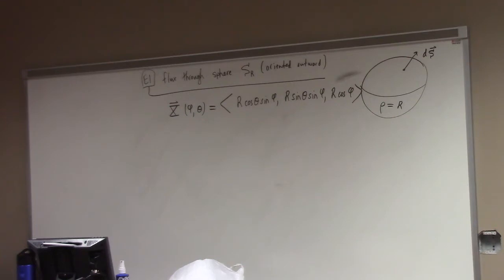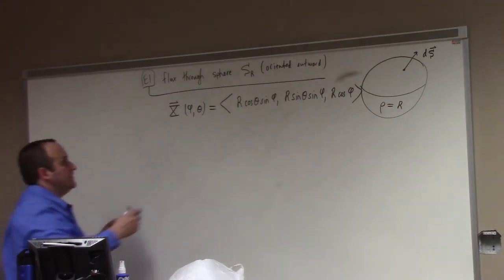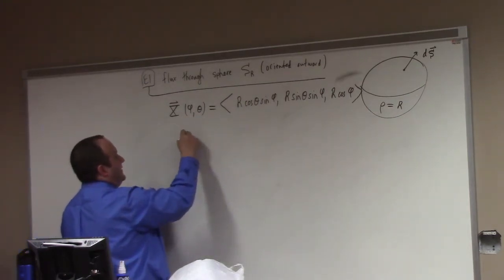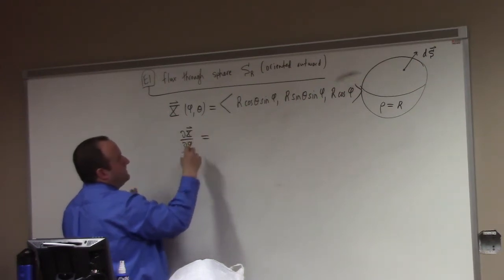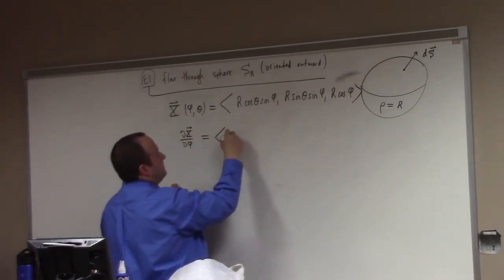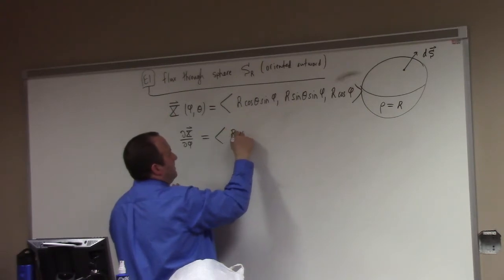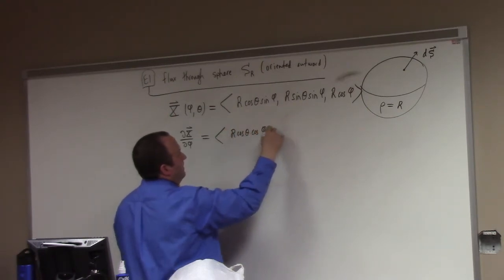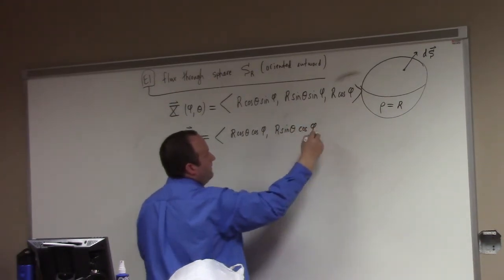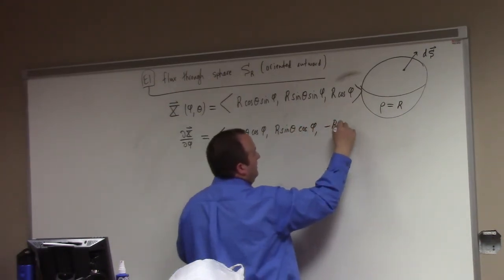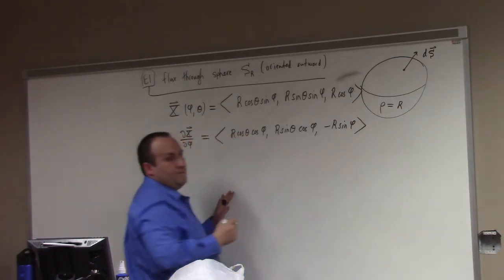Great. Now, what is the surface area element? How do we calculate it? We need to calculate partial derivatives here. So what's partial x, partial phi? There's one of them.